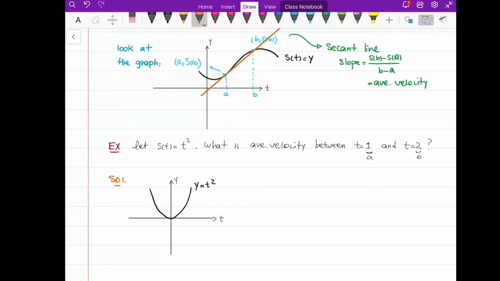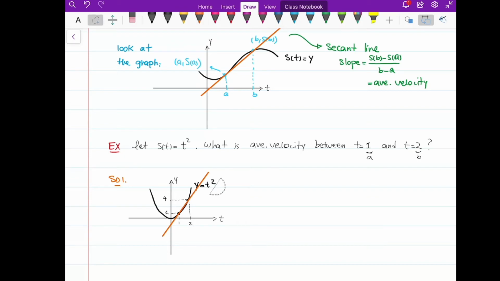Okay, so at a time 1, I'm at the point 1, so this point that I get in here is the point (1, 1), and then at the time 2, when I plug in 2 into here, I get 4. So this point in here would be the point (2, 4), and I have a secant line that is passing through these 2 points.